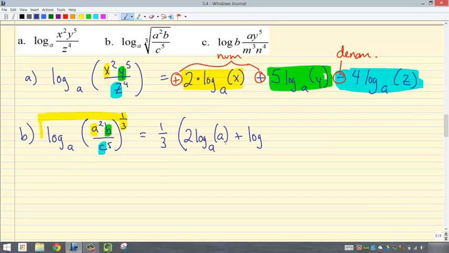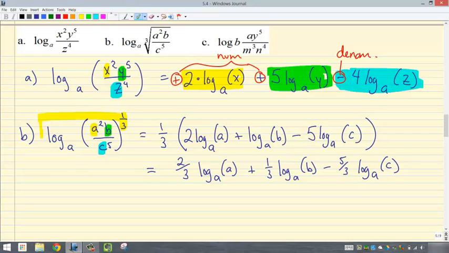There's no multiplier on that, so that's just log base A of B. And then the C is in the denominator, so we'll say minus 5 log base A of C. And then as a final move, we'll distribute that 1/3 inside of everything. And again, here's your A term, this is log of A, here's your B term, and here's your C term.